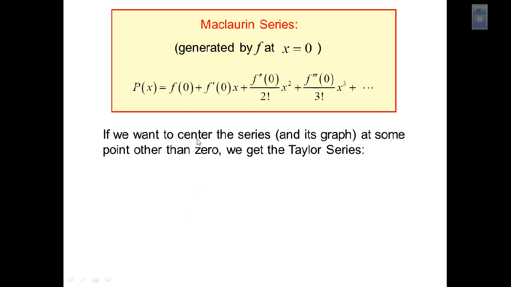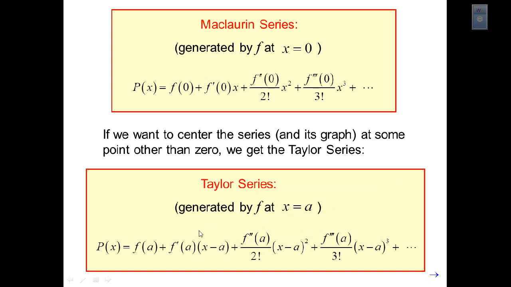Now, if we want to center our series and its graph and the approximation it's going to give us at some point other than 0, we're going to have to use a Taylor series. And the Taylor series that we're going to use is going to be this thing right here.